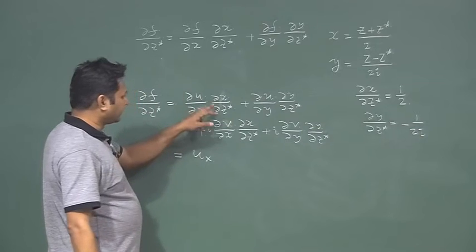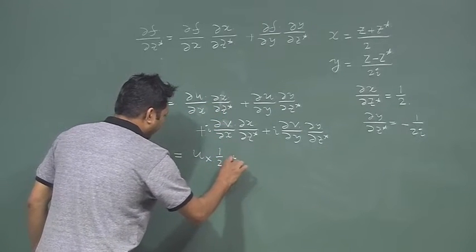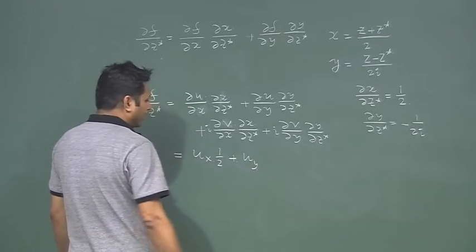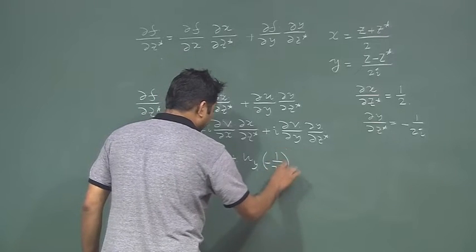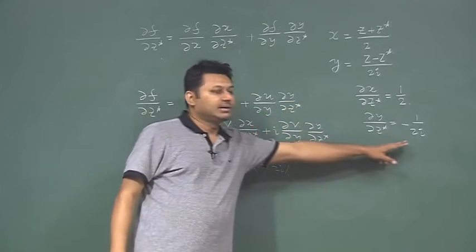Now, I just put it here. So, del u del z star is half u x plus u y, and I should put a minus of 1 by 2 i here, because del y del z star is this quantity.